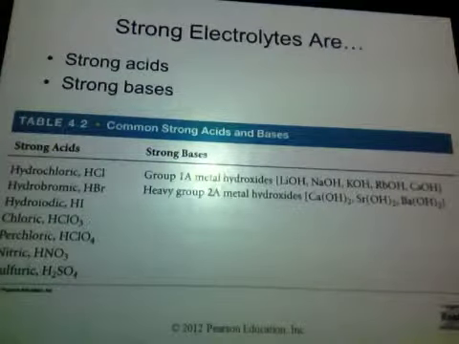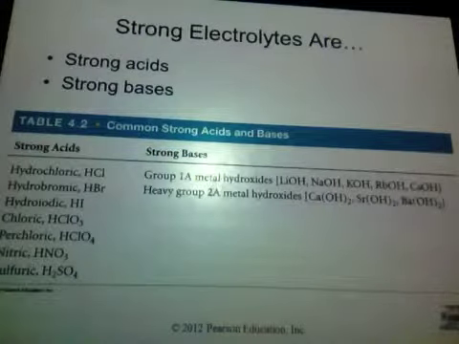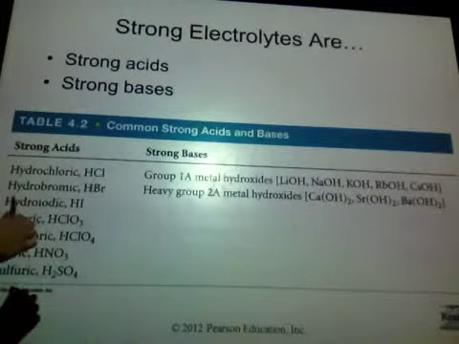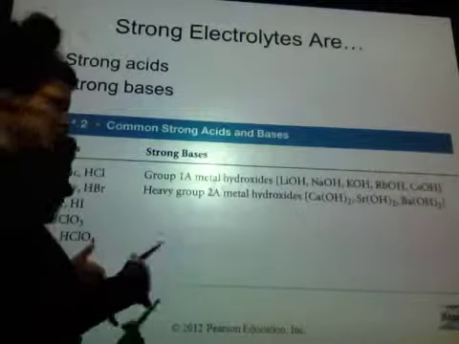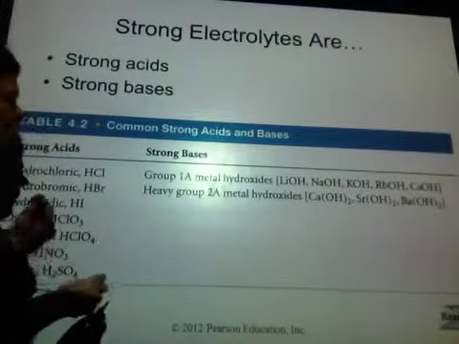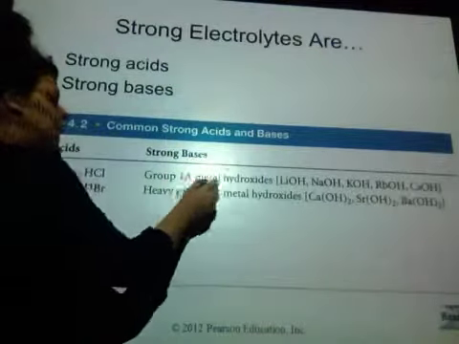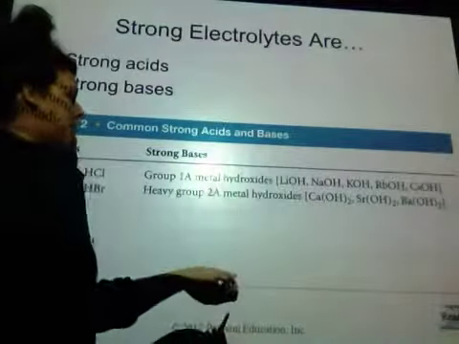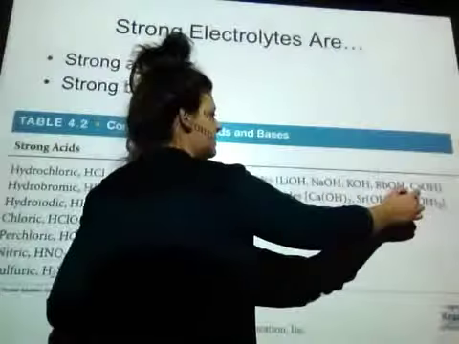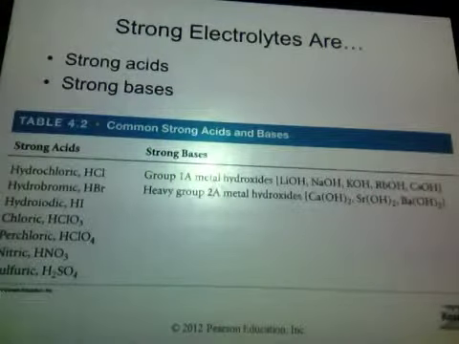So in this case, we have 8 strong bases here, and you will have to know those 8 strong bases. As long as you can remember that strong bases are all group 1A, except for hydrogen, of course, which is not considered an alkali metal, then all group 1A, or alkali metals, with hydroxide would be a strong base, and then calcium, strontium, and barium hydroxide are also considered to be strong bases.